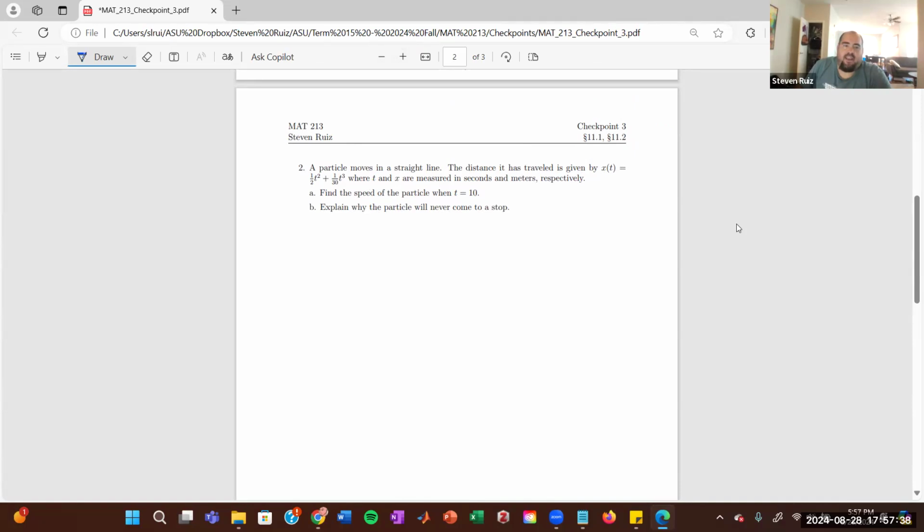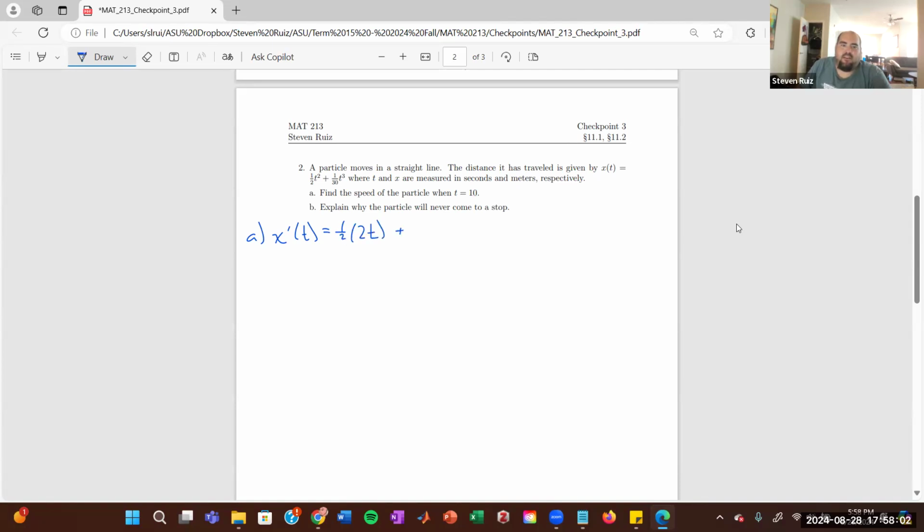So unpacking it that way, I know that basically what I'm looking for is this. I want to find the derivative of this function x. So what's x prime of t? I can apply the power rule again. The derivative of 1/2 t squared will be equal to 1/2 of 2t.